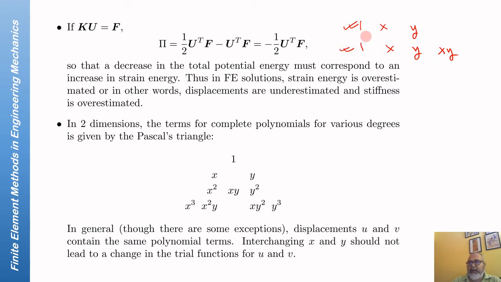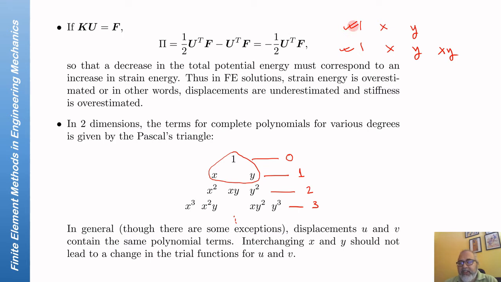If you look at it, we can write something called a Pascal's triangle, which is written like this. So this is a 0th order polynomial in two variables. This is a first order polynomial, this is a second order, this is a third order, and it can go on. If the polynomial contains all these terms, it's called a complete first order polynomial.